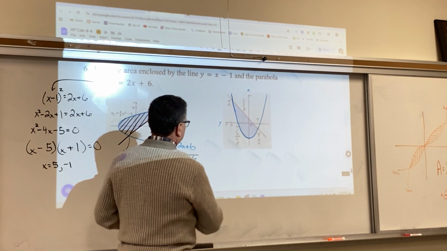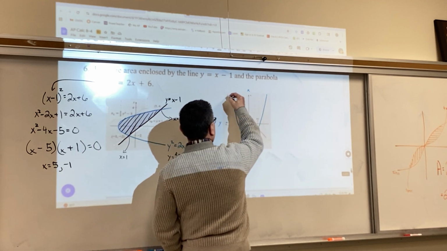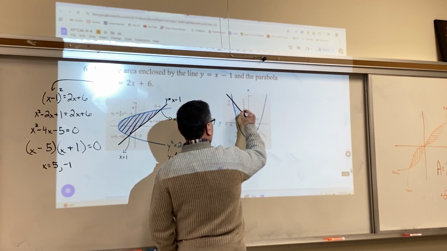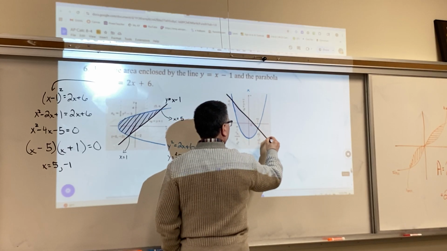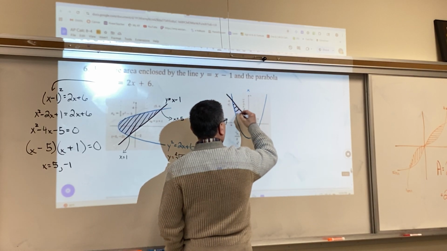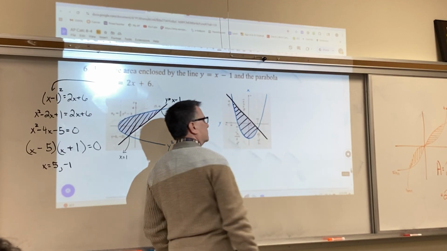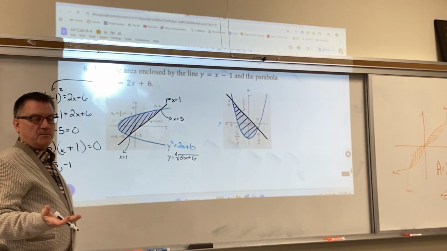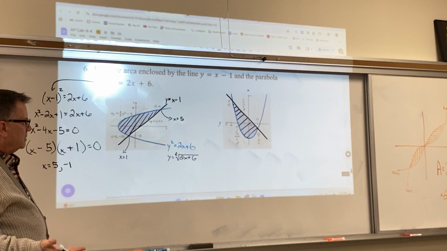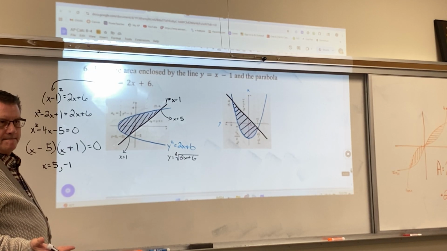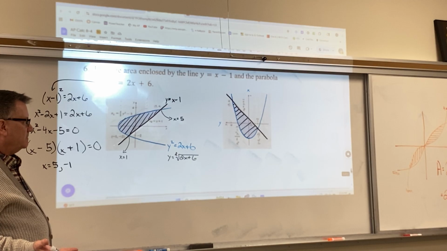And then I take this, here's the line, and I'm looking for this area that's in between. Just by turning it sideways, I see, you know what? It's pretty easy to see the one that's on the top now. It's the line.